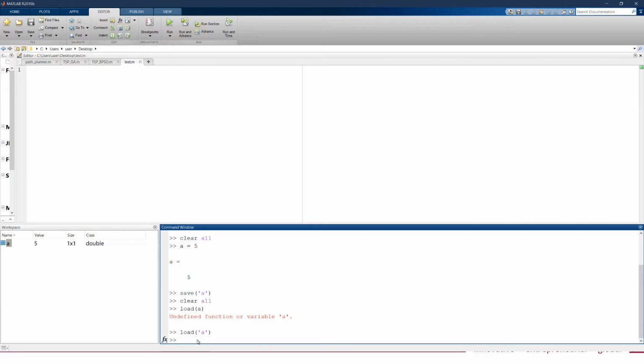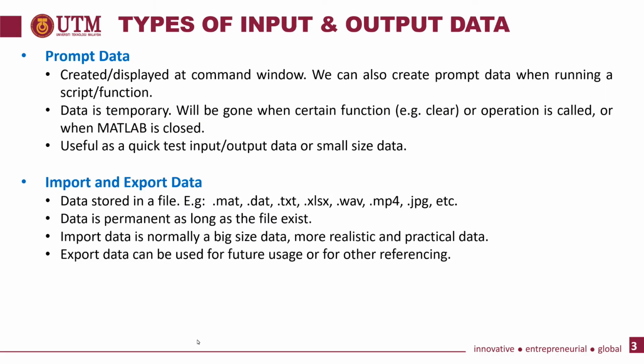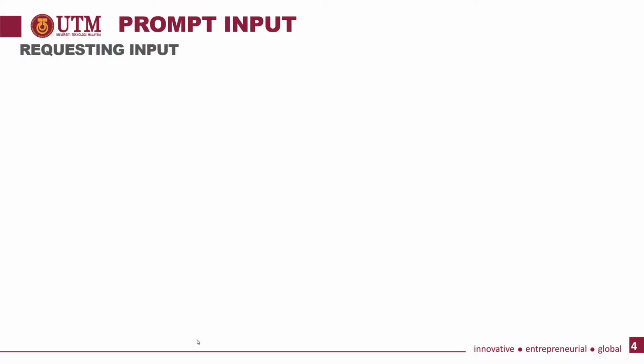All right, okay. So next is the prompt input and output data. Right now you will learn in detail how to prompt the input and output data inside MATLAB. First we are learning about prompt input. Prompt input is when we are requesting an input from the user.